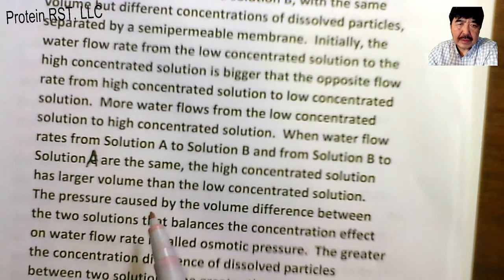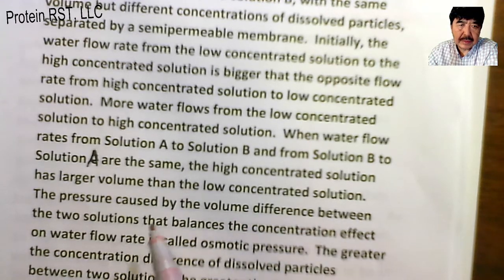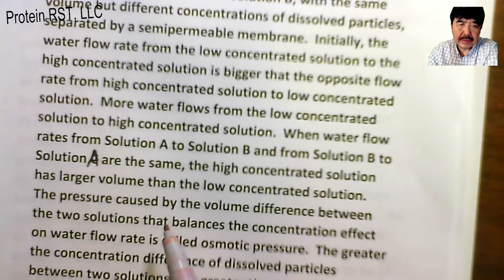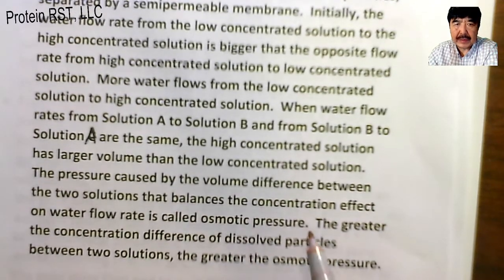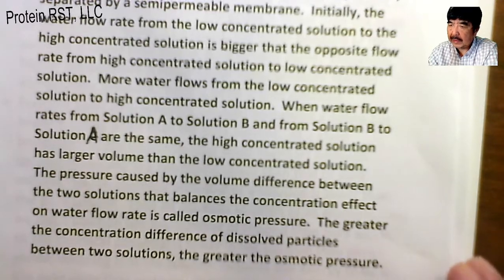The pressure caused by the volume difference between the two solutions that balances the concentration effect on water flow rate is called osmotic pressure. The greater the concentration difference of dissolved particles between two solutions, the greater the osmotic pressure. That's the osmotic pressure.